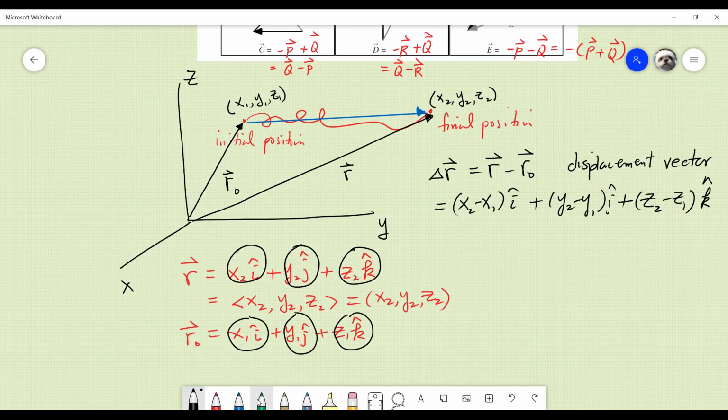Now that's the way we use IJK notation. Very short-handed, very compact, and very concise, very good to represent a vector in 3 dimensions.